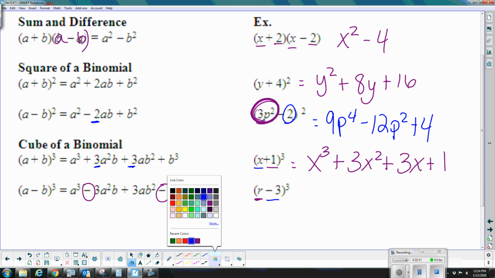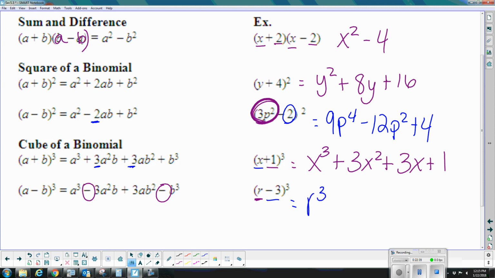Okay, so the rule says, and we'll do this with the next alternate colors. So the rule says a cubed, so that's r cubed, minus 3 times r squared times b.